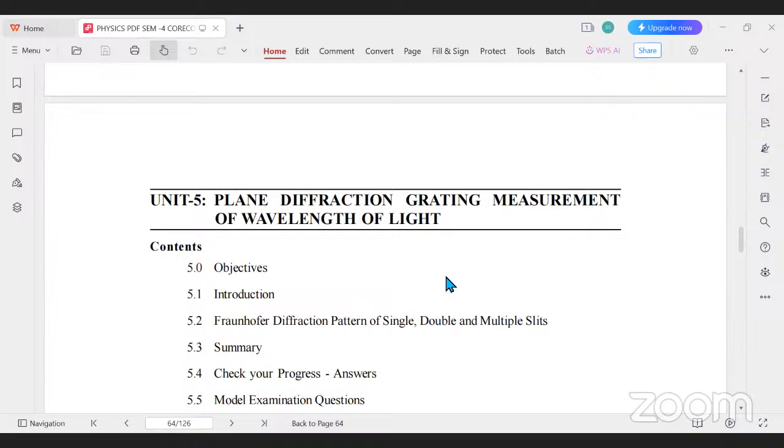From the light traveling as a source, we are able to find the different levels of colors. Different colors we can find out. So that is what diffraction by a grating is about.